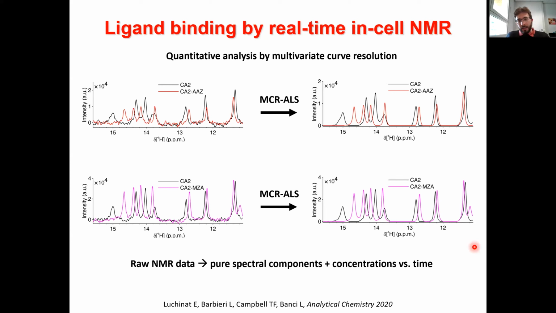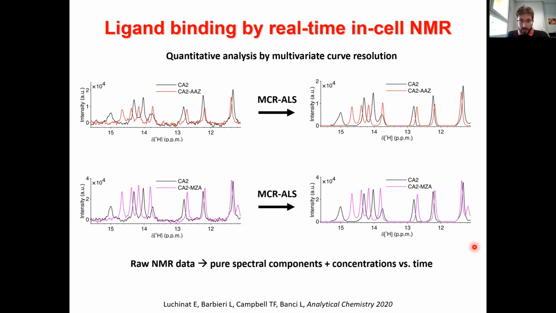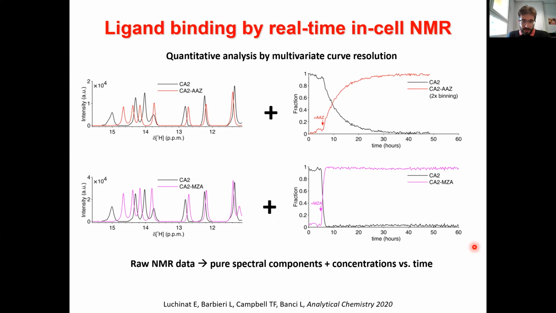It can retrieve the pure spectral components in a mixture as well as the concentration profiles. From the time series, we could obtain the pure components, which we already know, but it's a very useful way to verify that the algorithm did a good job, because I know what to expect from the spectra.